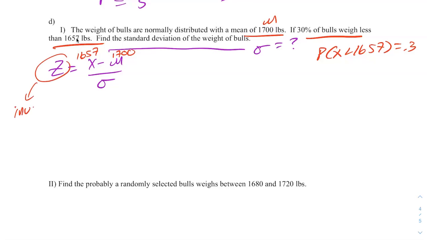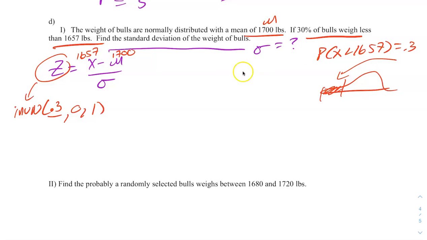My z is found with invert normal. It is less than, so I can just plug in 0.3. If I was to graph this, it'll be on the left hand side. So we can just plug it into our calculator and have our answer.